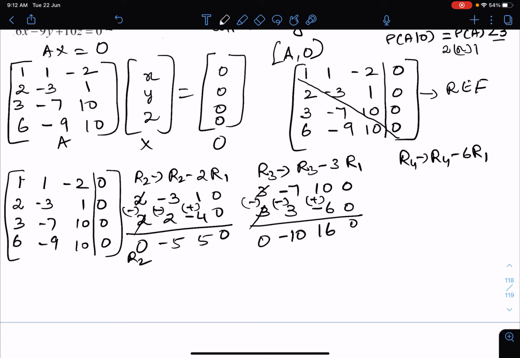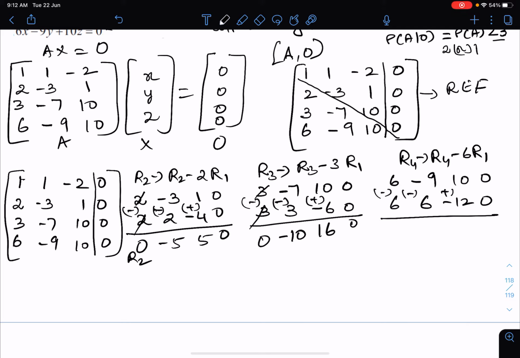What is our R4? 6 minus 9, 10 and 0. 6, 6, 6 2s are 12 and 0. Change your sign throughout. This is 0 and this is equal and opposite, so 0. Both are minus sign, so minus 15. Both are plus sign, so it is 22. So this is going to be our R4. This is going to be our R3.